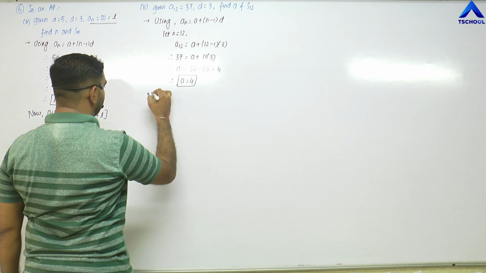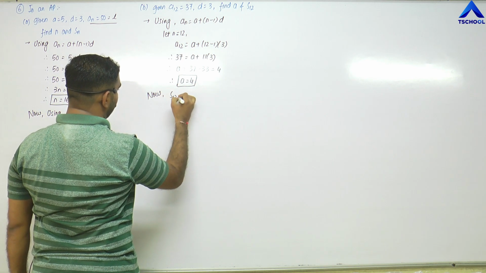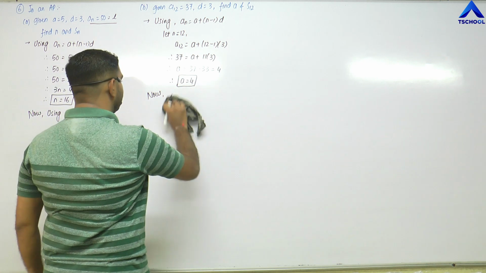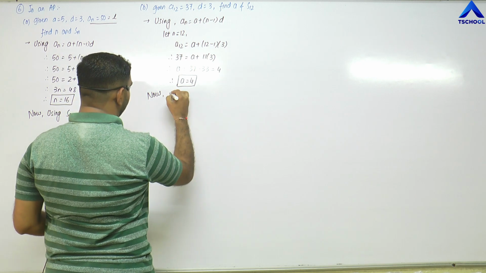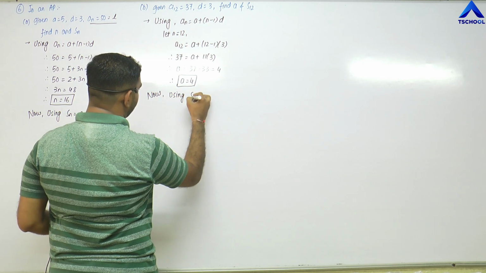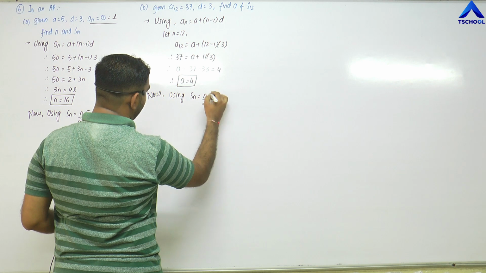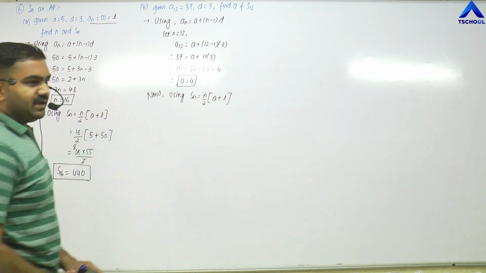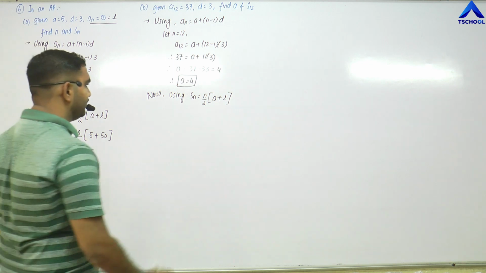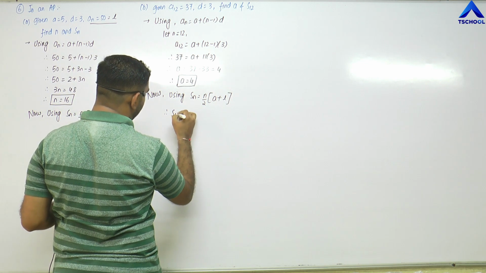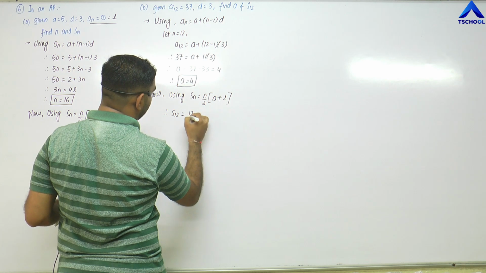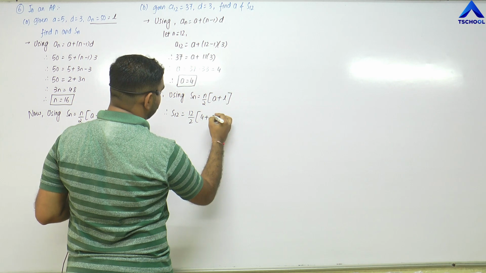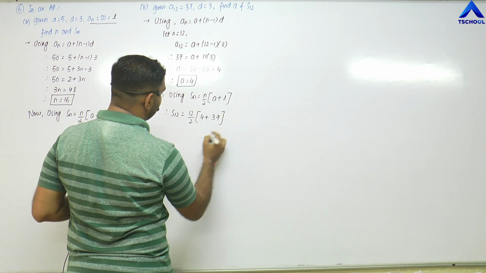Now S12. What formula shall we use here? Sn equals n by 2 into A plus L. If we take n equal to 12, S12 equals 12 by 2 into 4 plus 37.